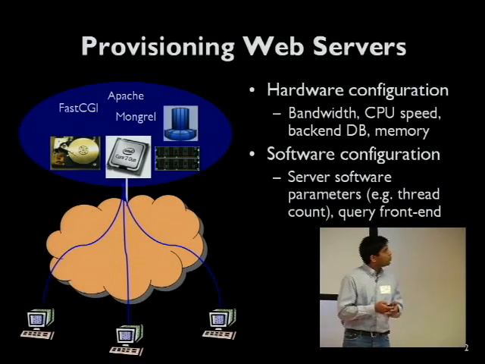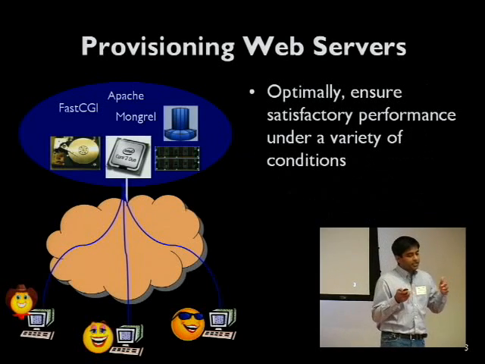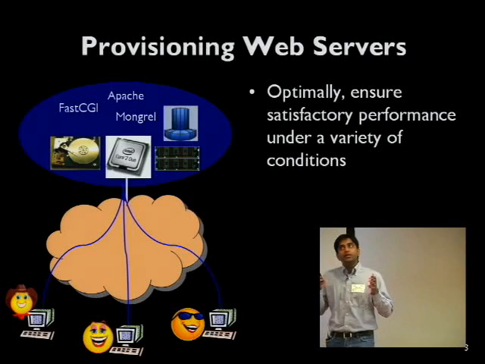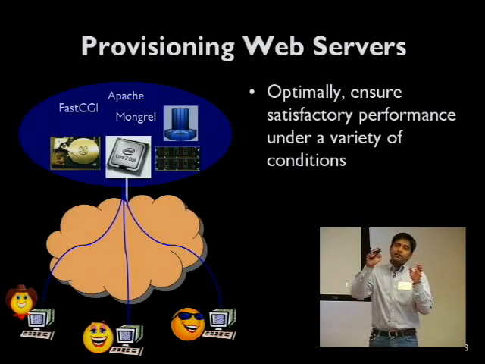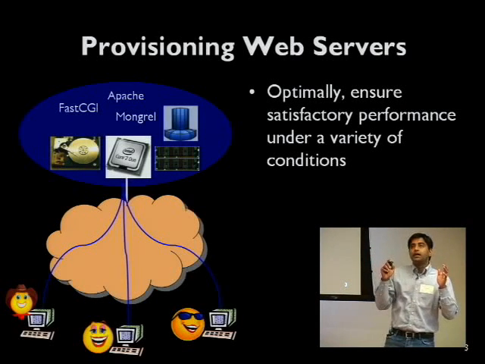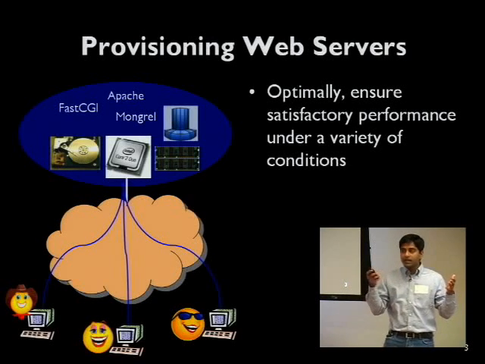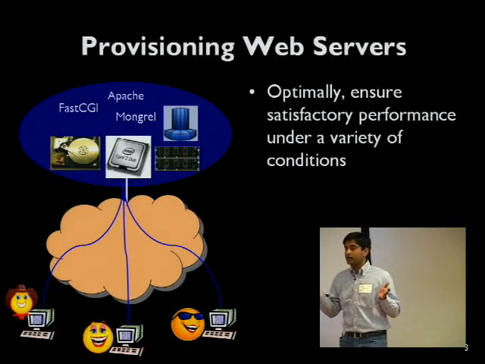Okay? So why is determining this configuration, or determining the right way to provision these servers, important? Well, optimally, you want to ensure that the right configuration for a web server is able to provide reasonably good performance to the expected clients under a broad range of operating conditions, right?